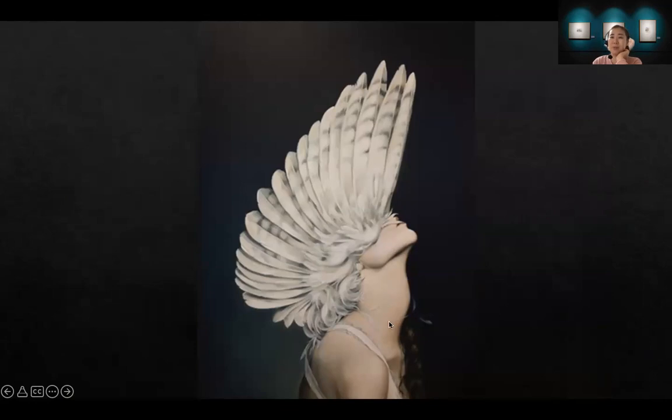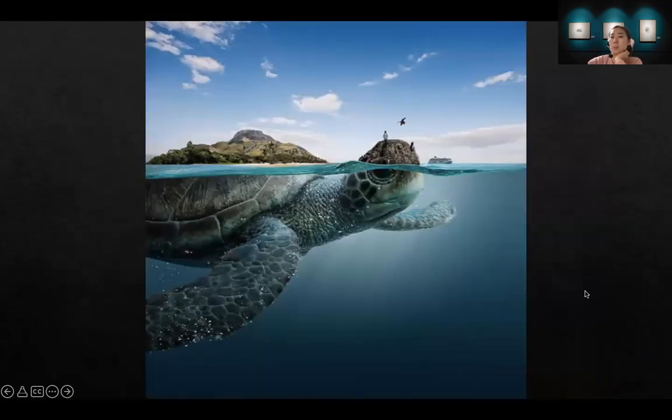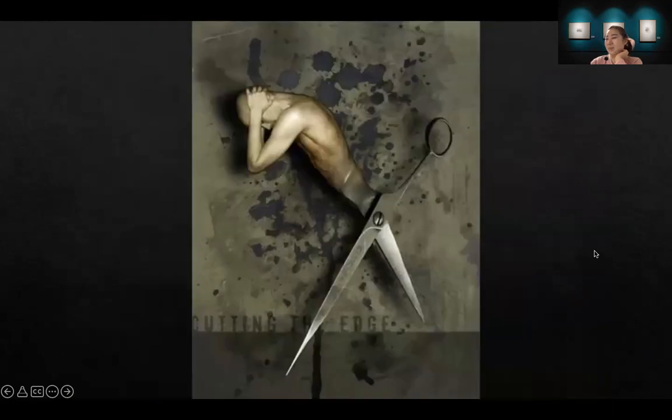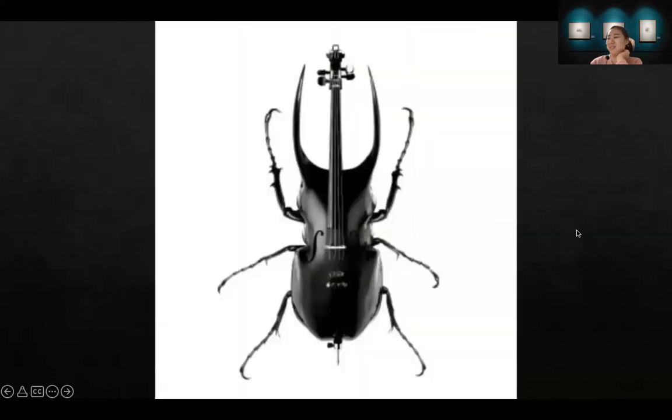It looks beautiful. It's a turtle, and when you look closer, you will see an island. Oh, it's a Caesar guy. Oh, I love this. Now, it's a beetle with a cello.